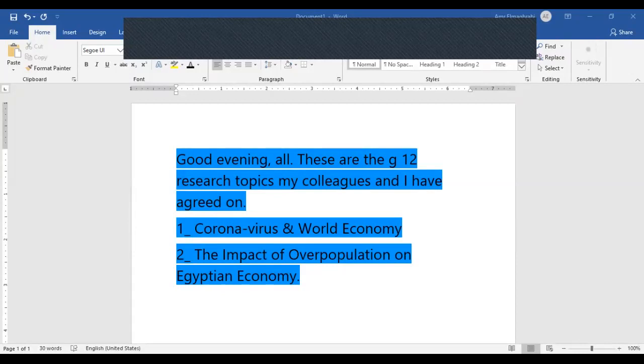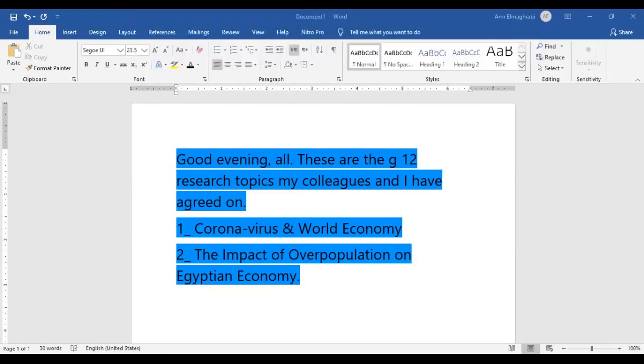Of course, the world economy or the Egyptian economy needs some analysis and graphs in mathematics. So the research will contain three things: English, math, and science. The two research projects will do the same.